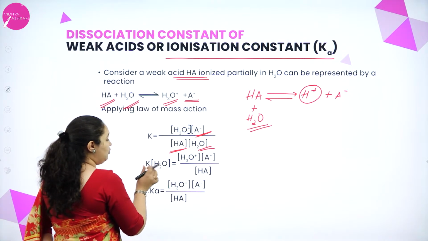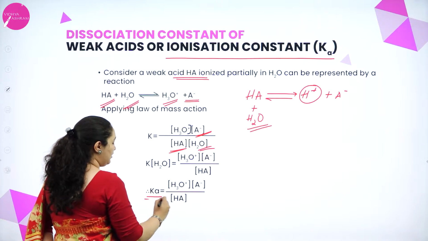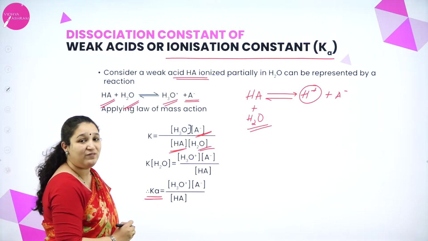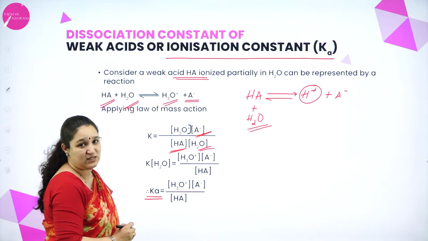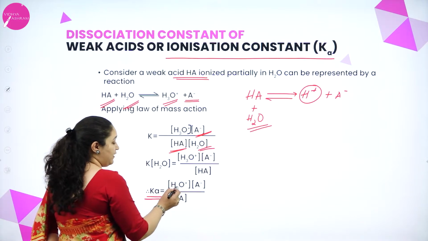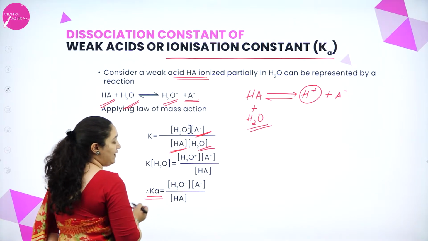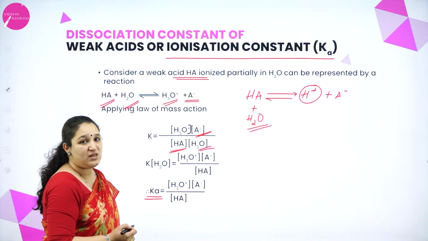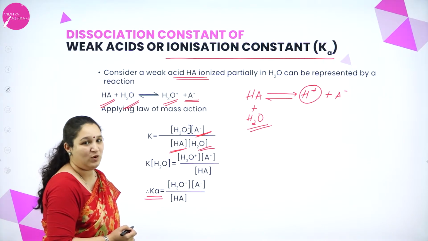So, K into molar concentration of water, we call it as Ka, which is the dissociation constant of a weak electrolyte or a weak acid, which is equal to molar concentration of H3O plus into A minus divided by molar concentration of the undissociated acid molecules.